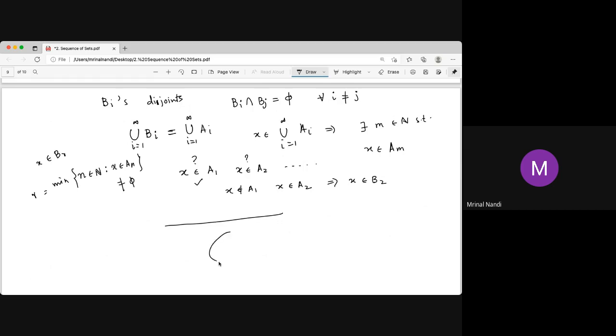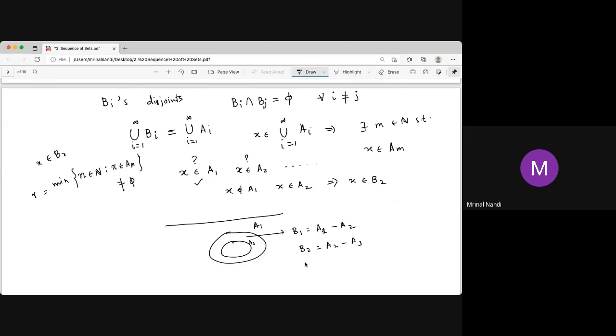If it is a decreasing sequence, say A1, then A2, can you do this? Yes, we can do this. We can take B1 as A1 minus A2, then B2 is just A2 minus A3.